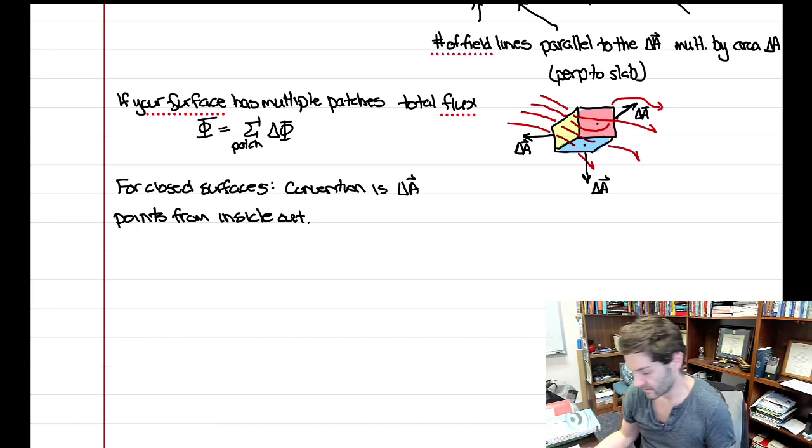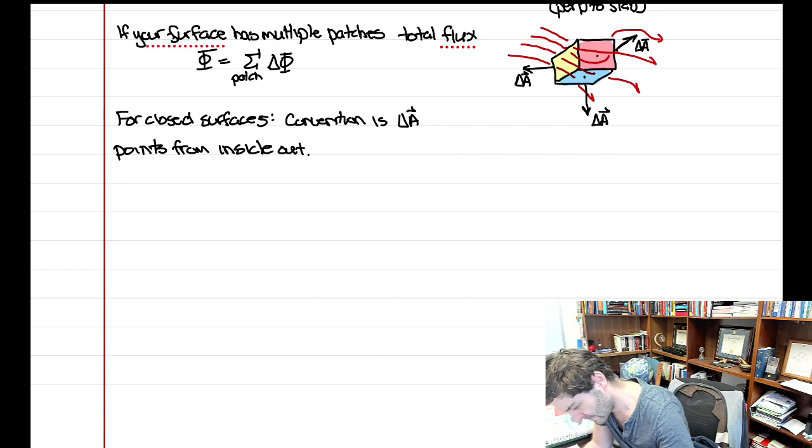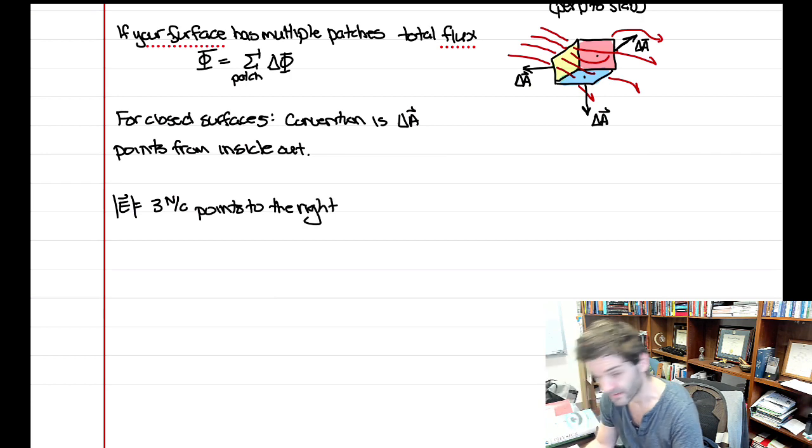So let's do a simple example. Suppose I tell you that there's an electric field that is completely uniform and has a magnitude of 3 newtons per coulomb, and it points to the right on the page.